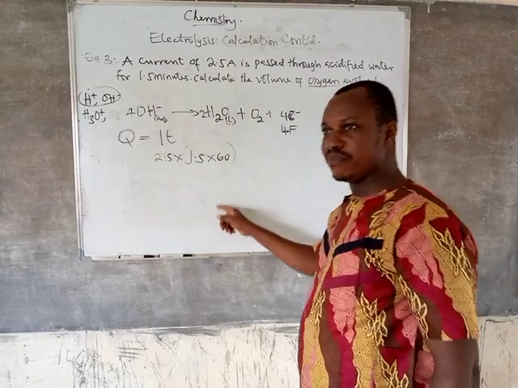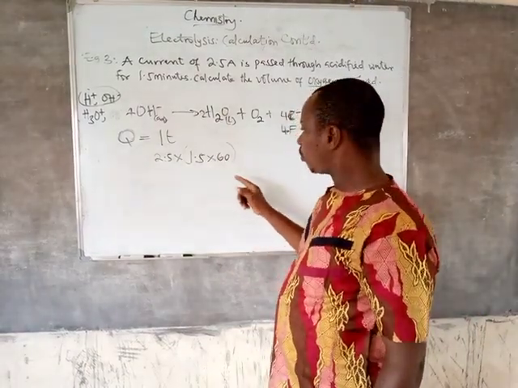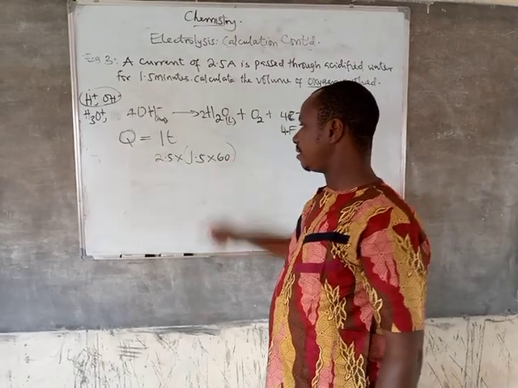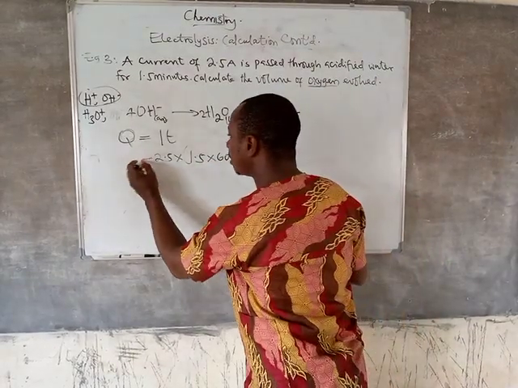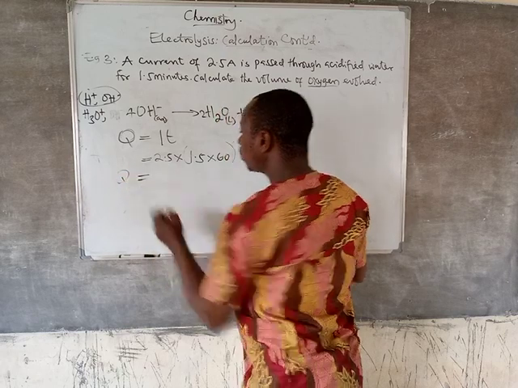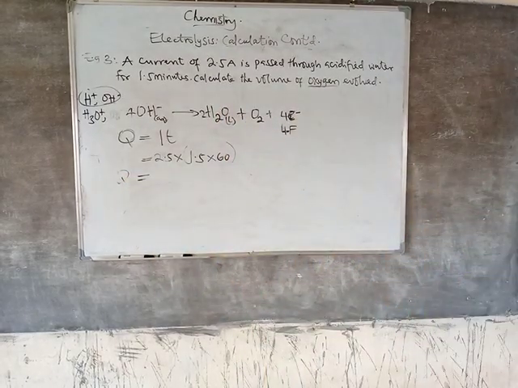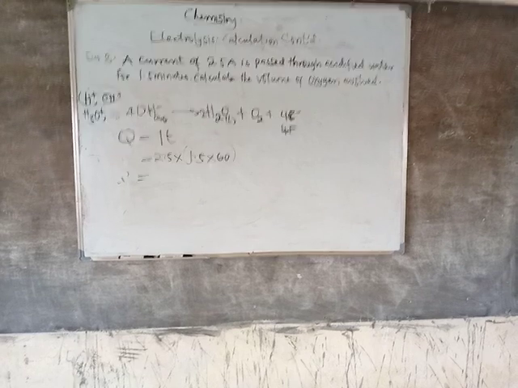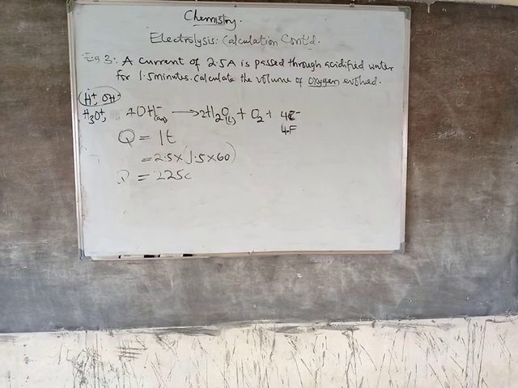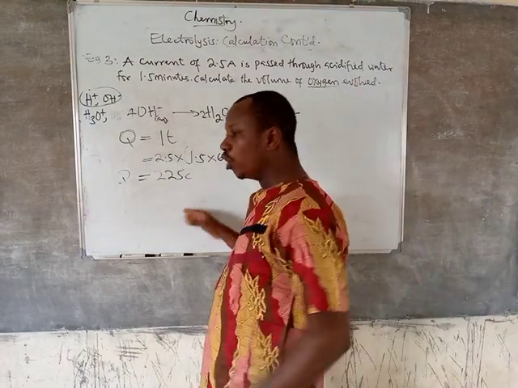Let us see what Q is going to give us. Pressing our calculator, it gives us 225 coulomb. Remember, the unit for Q is coulomb.